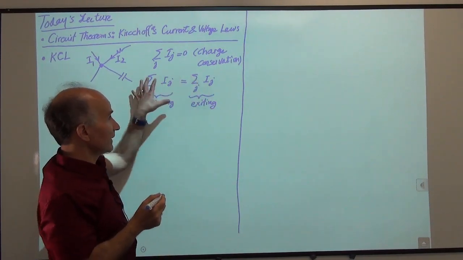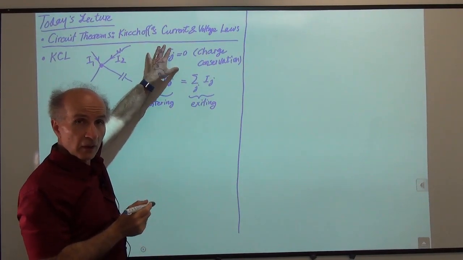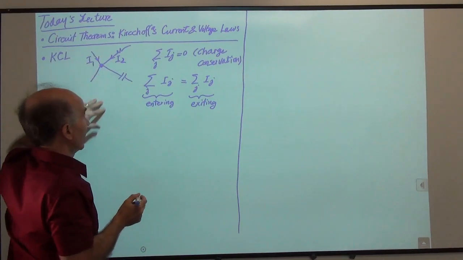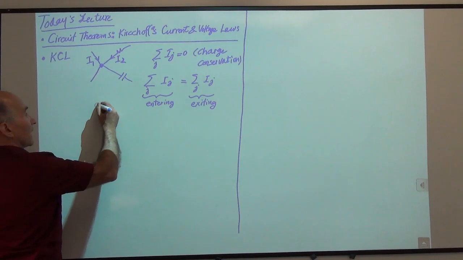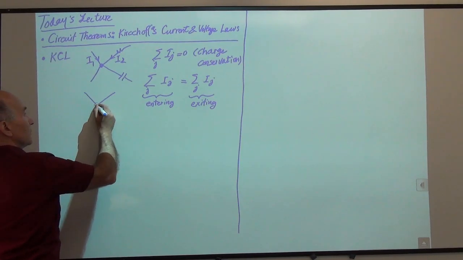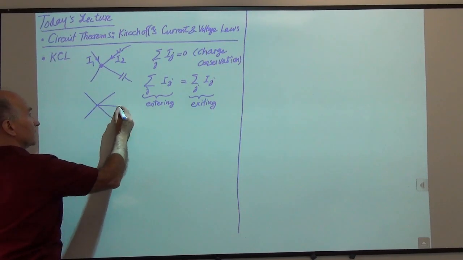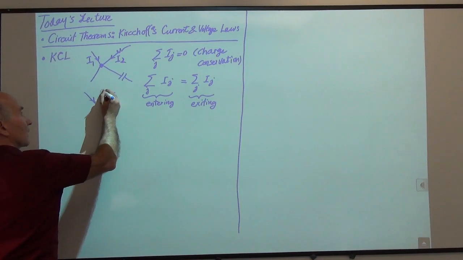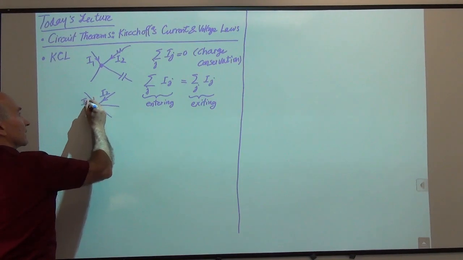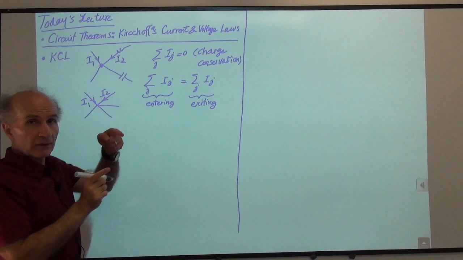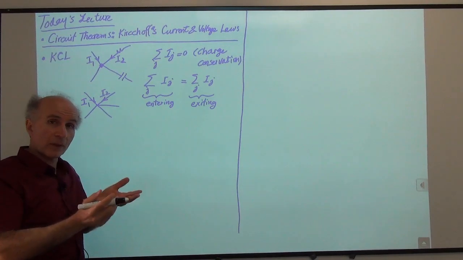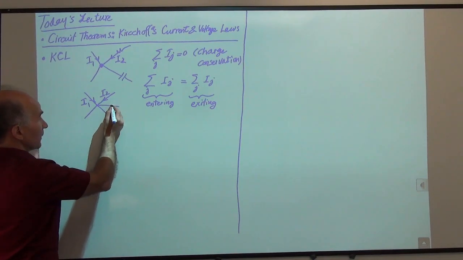Rather than bring this to this side and say the sum is 0, we can just look at it that way. So for example, if I go back here and denote my currents like this, this one is going this way, this one going this way, so call that I2 and I1. These two currents are entering the node. They're bringing charge into the node. Now that charge has to go somewhere, so it's going to end up going this way, for example.